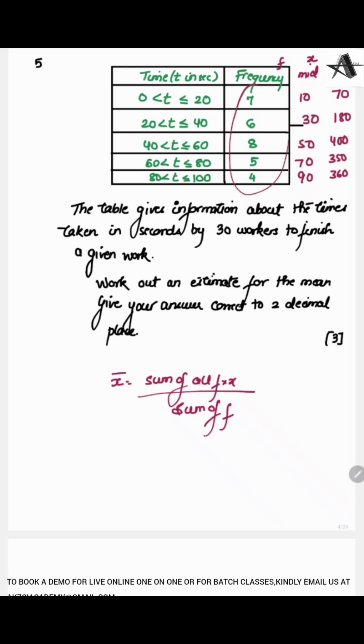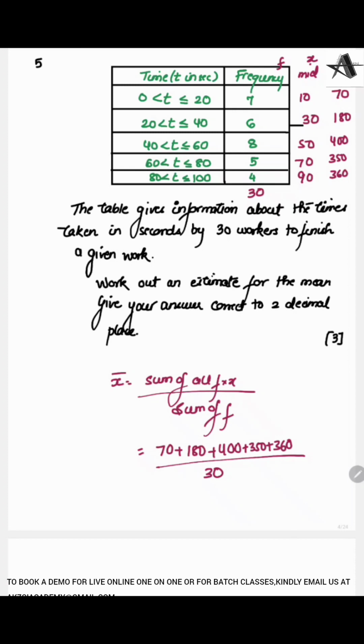If I add the frequencies up, I'll get the answer as 30, and here also it is given that there are 30 workers. So clearly if you add them up, you'll get 30 as the answer. Now we need to add up the fx values, that is the frequency multiplied by the midpoint. 70 plus 180 plus 400 plus 350 plus 360 over total frequency, which is 30.